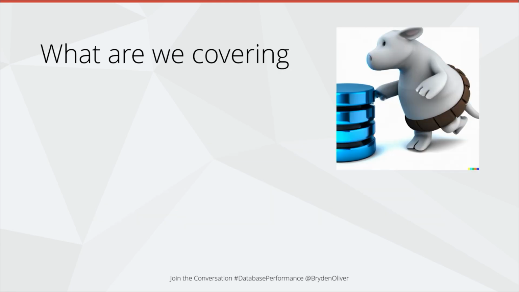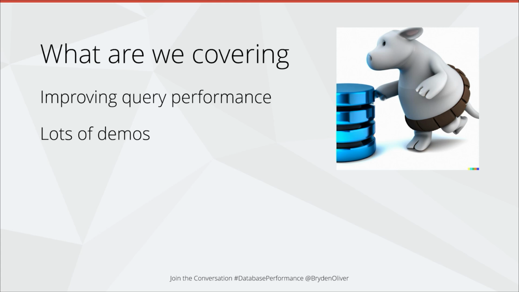So what are we going to cover today? First, we're going to cover a bunch of things you can do that will generally improve the query performance when you're using your database. We'll see a lot of demos, and most importantly, it's all simple techniques, stuff that as a developer, not a database professional, you can add into your own code and make these improvements yourself with very minimal effort.